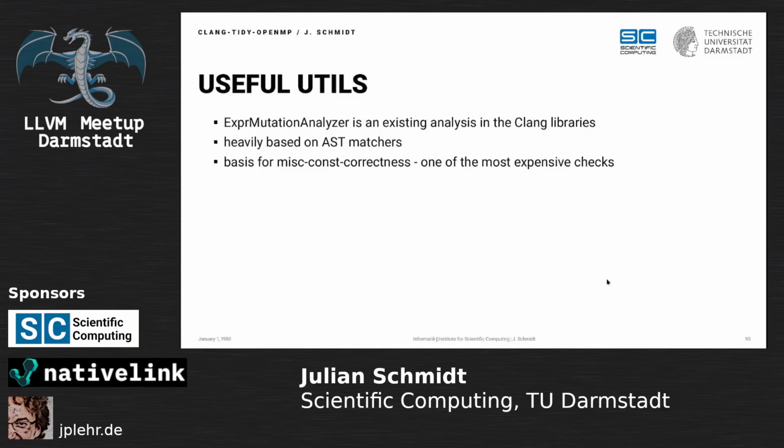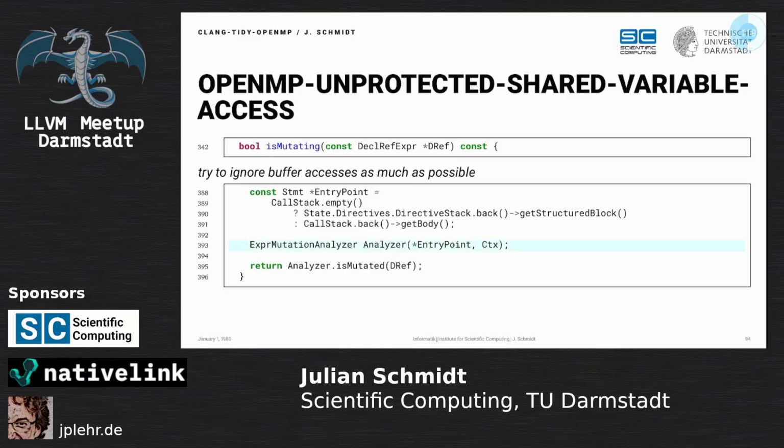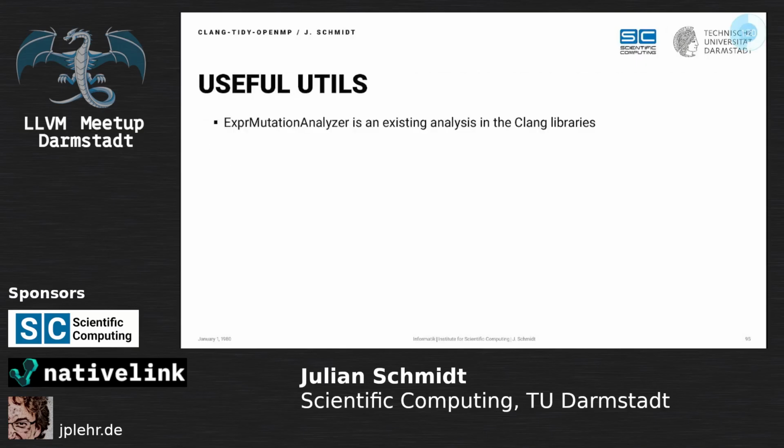But the issue is it's one of the most expensive checks, because the analyzer for the mutation is comparatively expensive compared to most other check implementations. So I've tried to exclude most cases I could by trying to ignore as much as possible, and in the previous function, the exclusions, for example, I had as well.